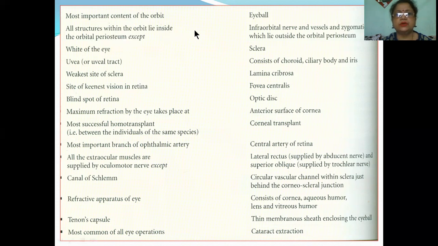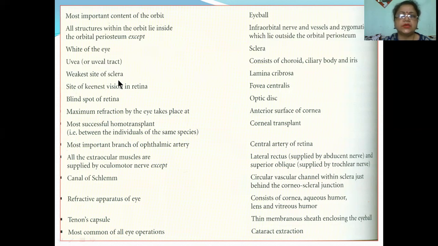So the most important content of the orbit is nothing but the eyeball. All structures within the orbit lie inside the orbital periosteum except the infraorbital nerve and vessels and zygomatic nerve, which lie outside the orbital periosteum. Now white of the eye is, what is that? Nothing but sclera. What is uvea or uveal tract? Iris, ciliary body and choroid.